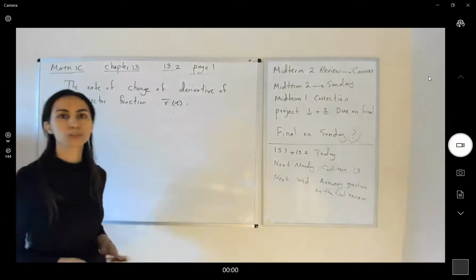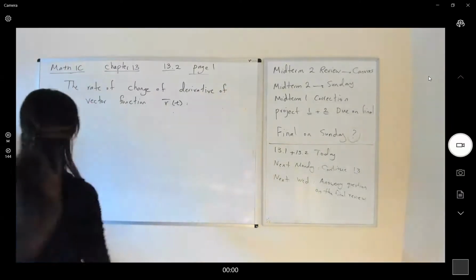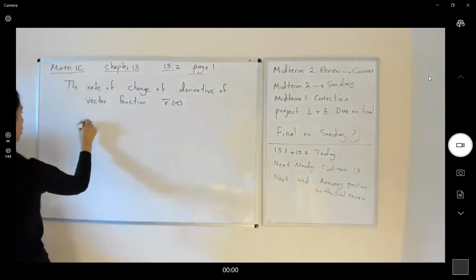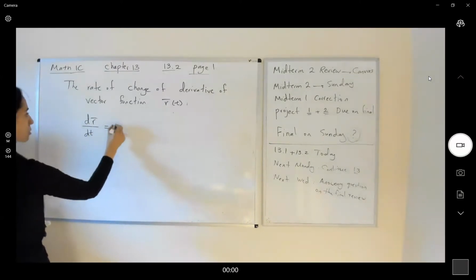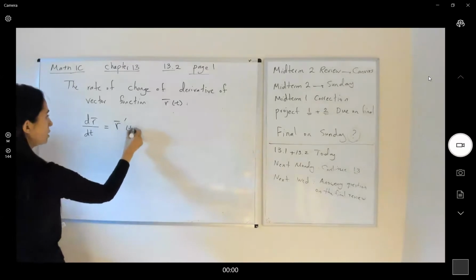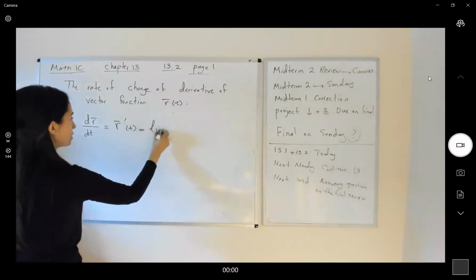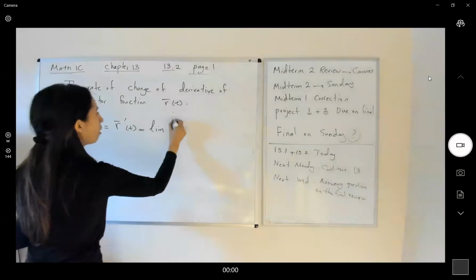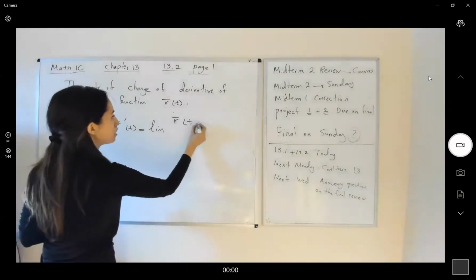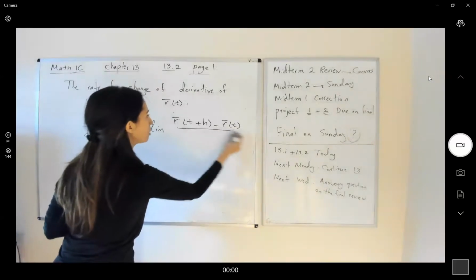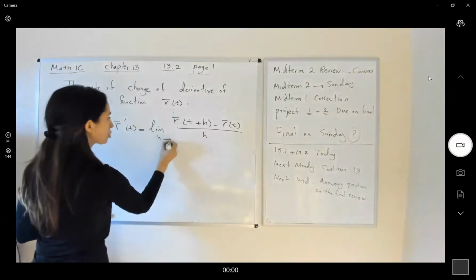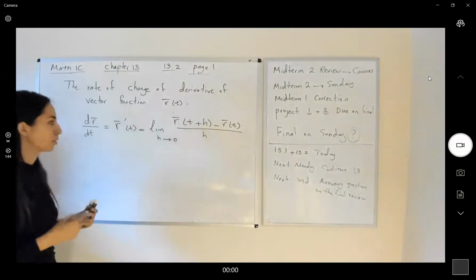As usual, we use the limit definition of the derivative of a function: dr/dt, or just simply r'(t), is equal to the limit of [r(t + h) - r(t)] divided by h, as h goes to 0.